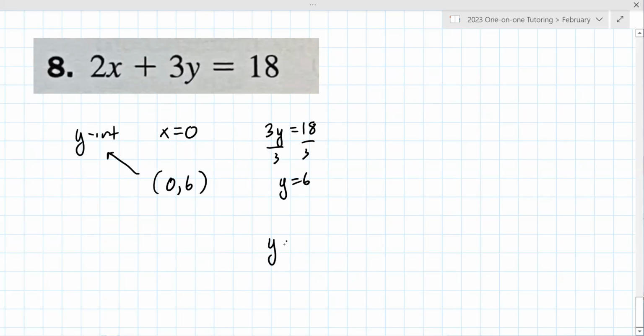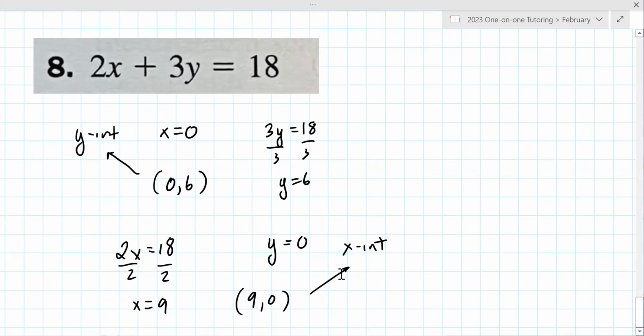Now next you set y equal to 0, and that's for your x-intercept. So again, 3 times 0 is 0, plus 0 is nothing, so it's just 2x equals 18. And that's kind of the power behind this method, you can quickly get the intercept. So it's (9, 0). That's your x-intercept.